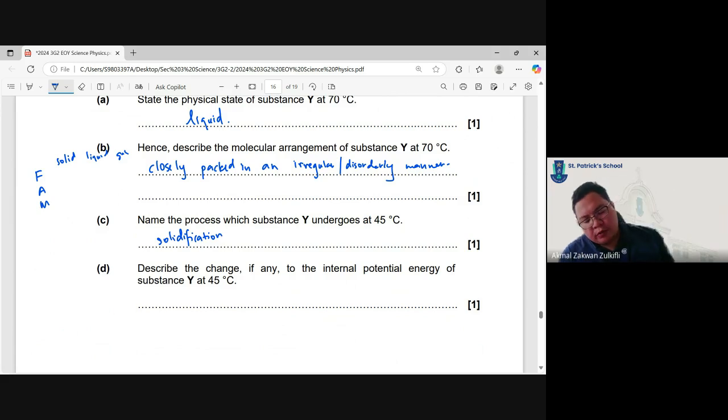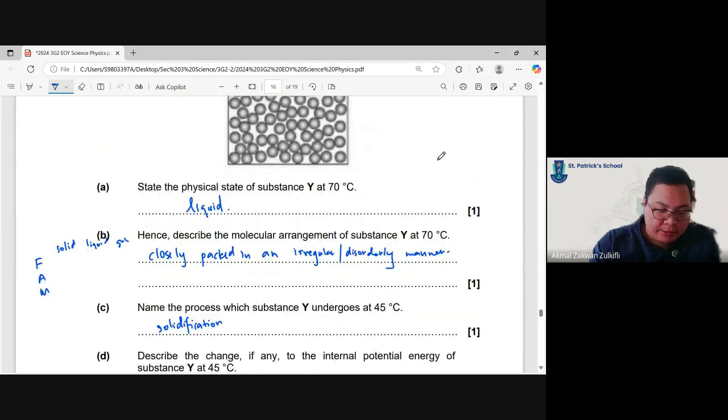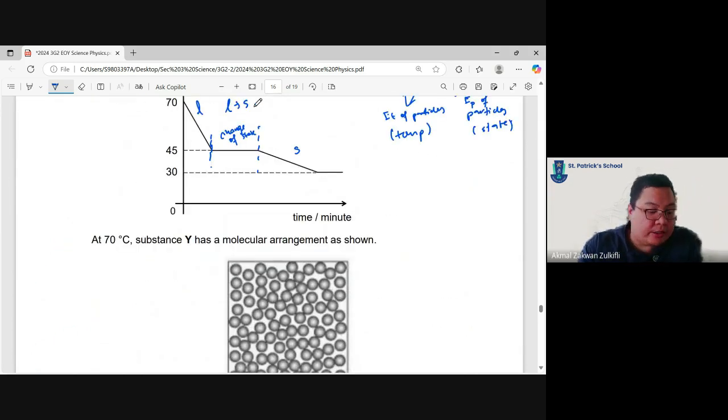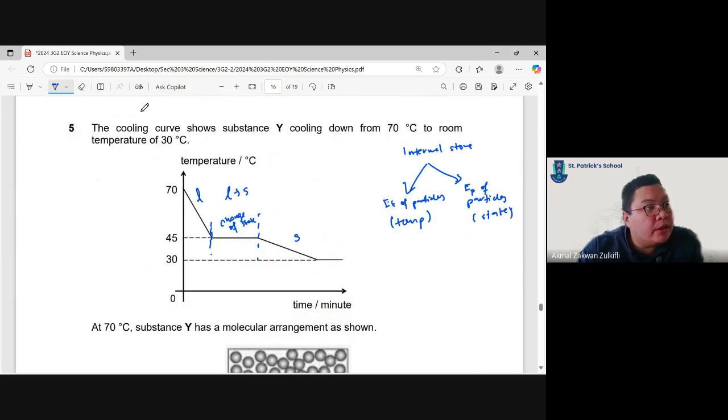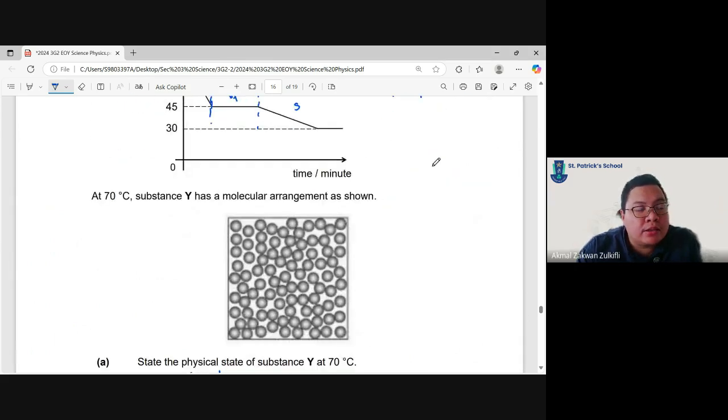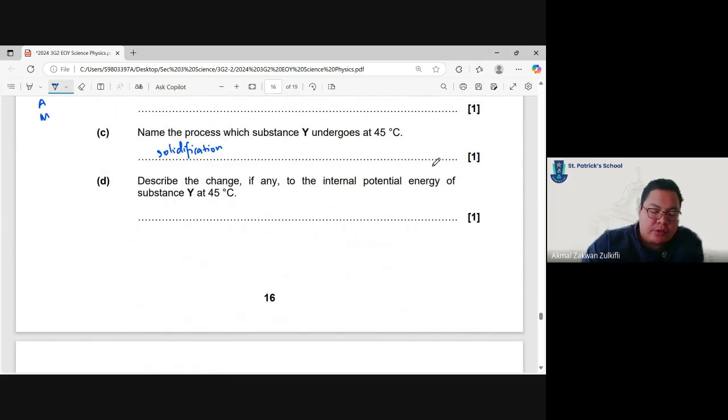Describe the change, if any, to the internal potential store of substance Y at 45 degrees. At 45 degrees there's a change of state. It is a cooling curve, so the internal store is decreasing, so we know there is a decrease in energy in the potential store.